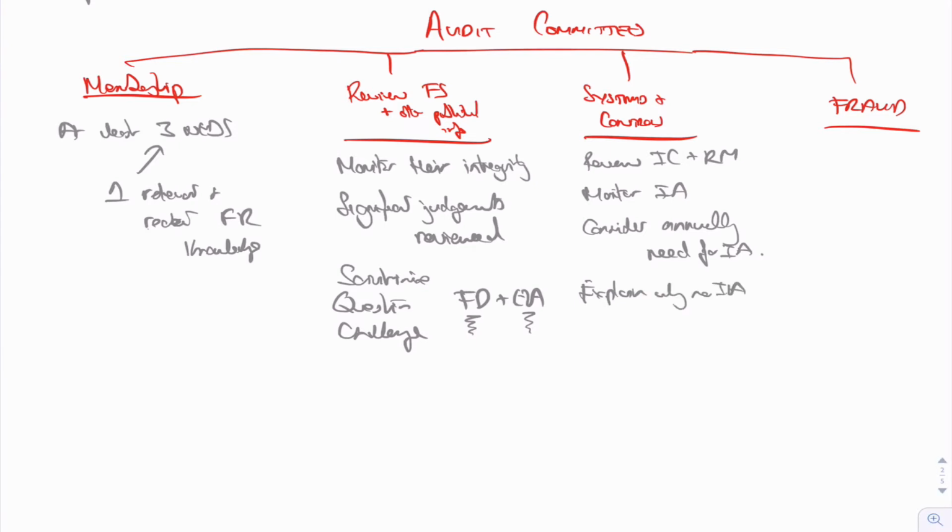Where would you explain it? In the annual report. Okay, and then finally, in terms of fraud, the audit committee have a job to do, and that's having a whistleblower facility. All right, so somebody, particularly regarding financial reporting, an employee can say, look, one of the directors is committing fraud in one way or the other. Okay, so that's that for now.